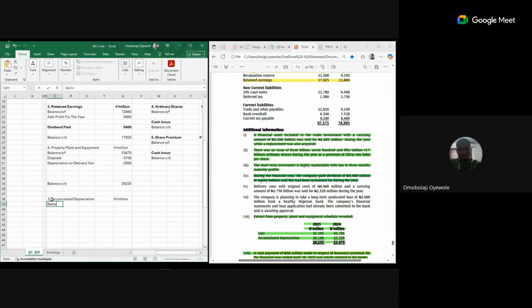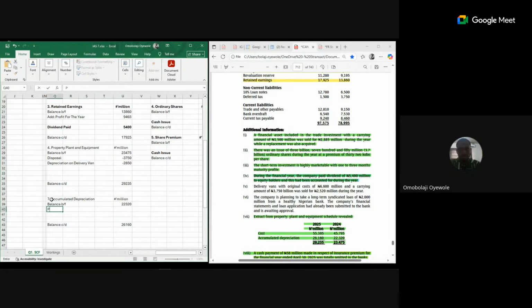Opening balance, balance brought forward is 22,320. Now, balance carried down is how much? 26,160.